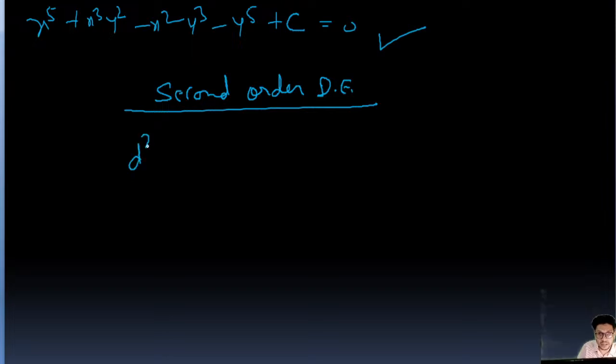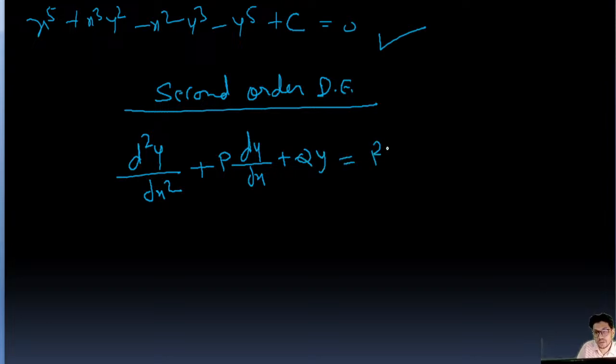That is d2y over dx square plus p dy over dx plus qy equal to r. Here r is a function of x, p is also a function of x, q is also a function of x.